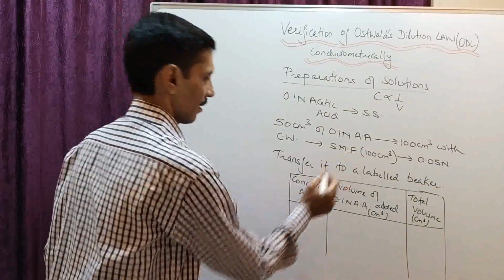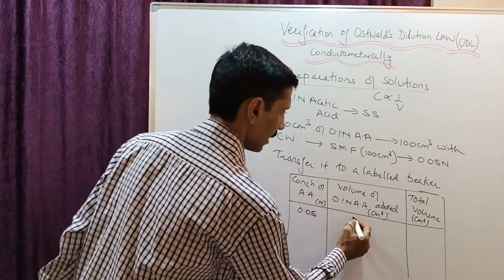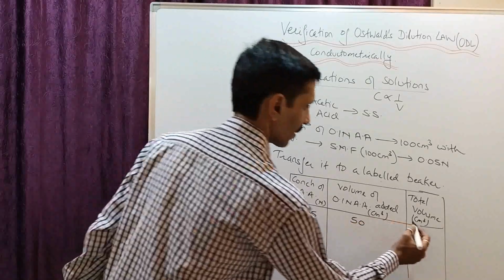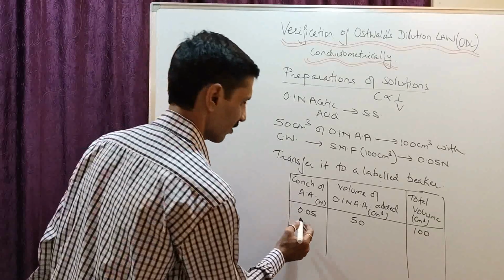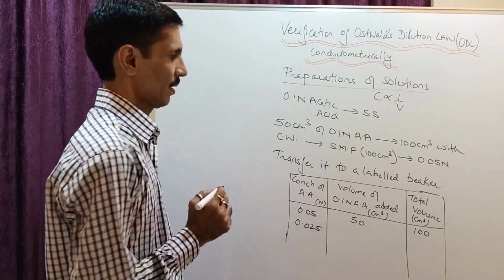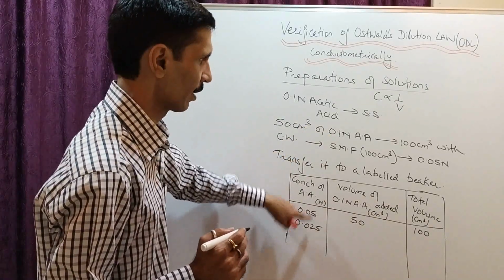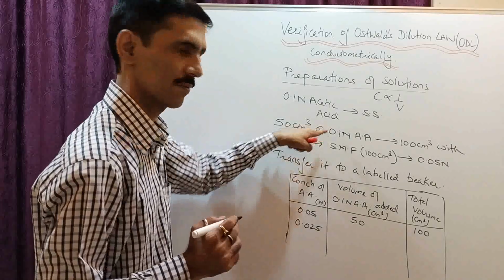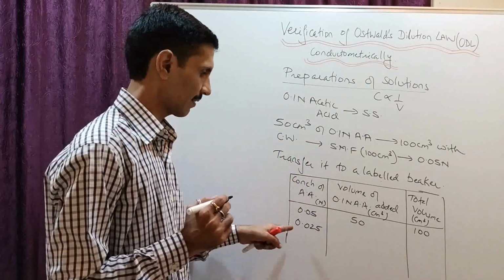So as I said, 0.05 normal के लिए हमने कितना डाला था, 50 cm cube. Total volume is 100. फिर next concentration है 0.025. अभी आप 0.1 जो हमारा स्टॉक सोल्यूशन है and 0.025, so you understand it is 1/4. 0.1 को 4 से डिवाइड करो तो आपको मिलेगा 0.025.